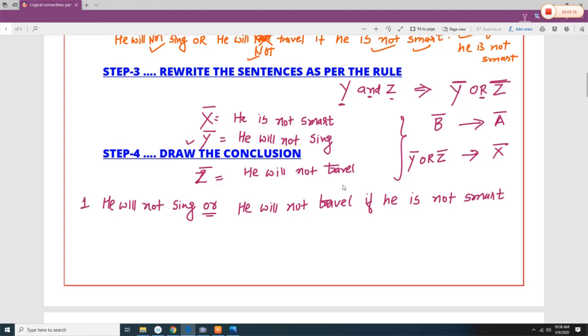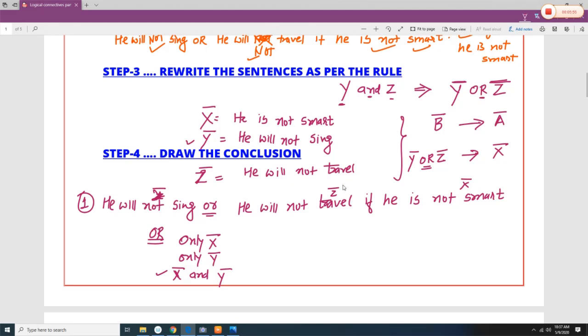So this is our conclusion number 1. And remember, there is an OR connective. When there is an OR connective, 3 things can happen: only X bar, only Y bar, or X bar and Y bar both. This is Y bar, this is Z bar, and this is X bar, so it already covers this condition.